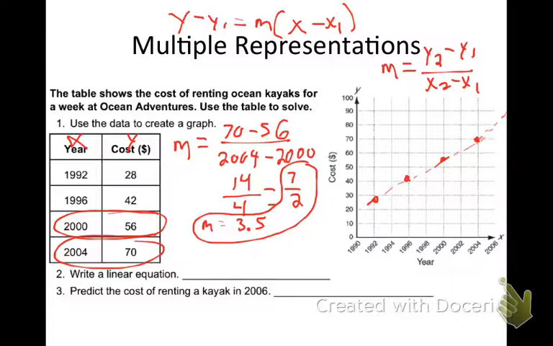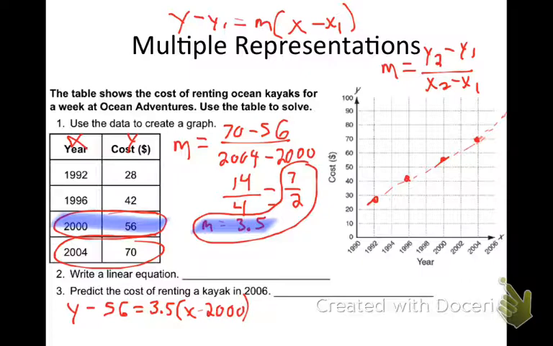I need one of those coordinates over there. Let's do 2056. I like it. So I'm going to use that coordinate, and I'm going to use my slope, and I'm going to plug it into point slope form. So plugging into point slope form gets me y minus 56 equals 3.5 parentheses x minus 2,000.